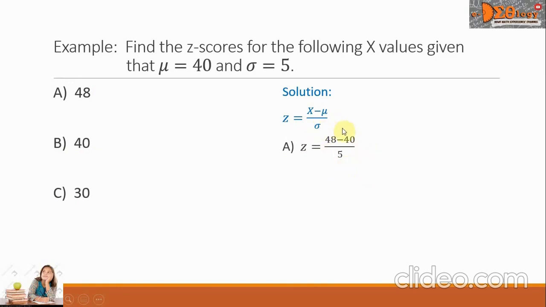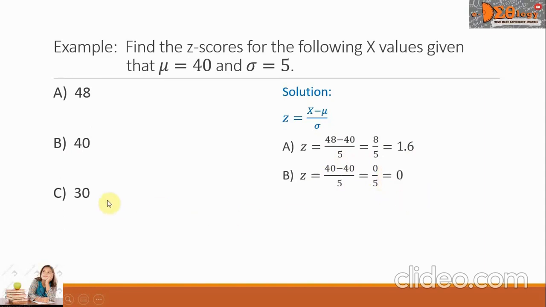Simplifying this, 48 minus 40 becomes 8, and this is divided by 5, so we have 1.6. Next is letter B, that value 40. So we have z equals 40 minus 40 divided by 5. 40 minus 40 is 0, divided by 5 is simply 0.